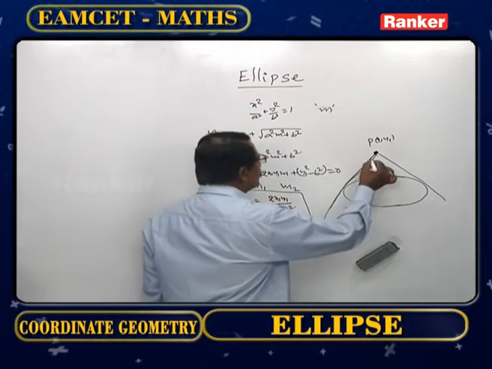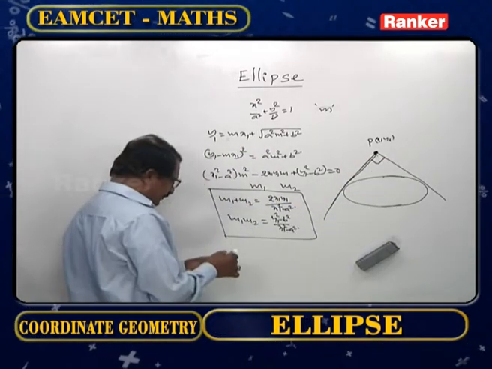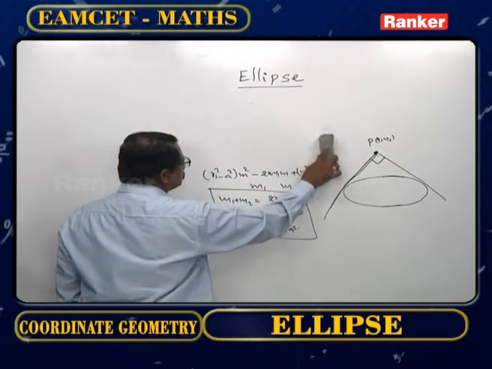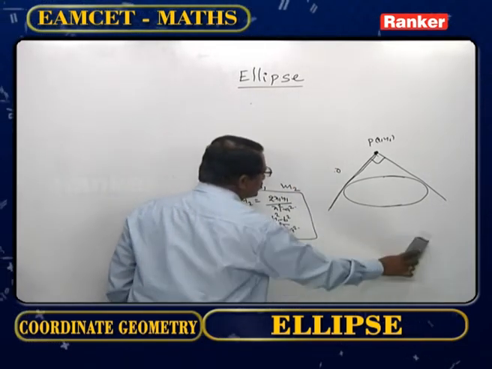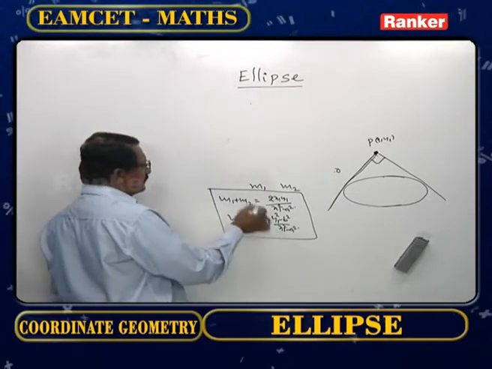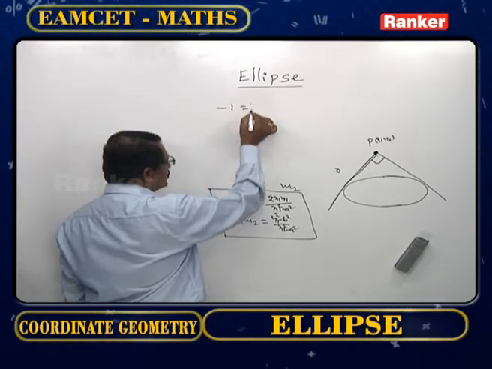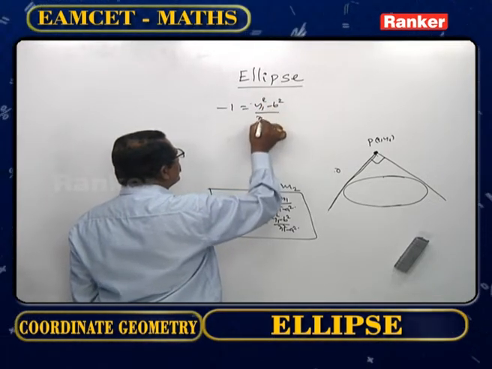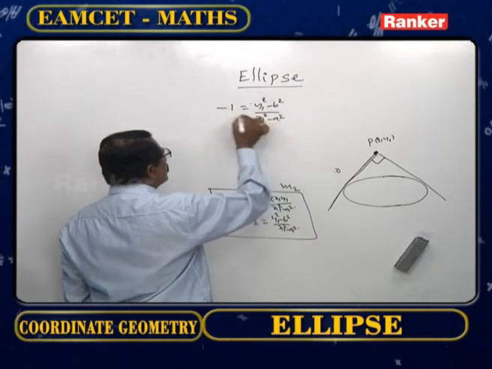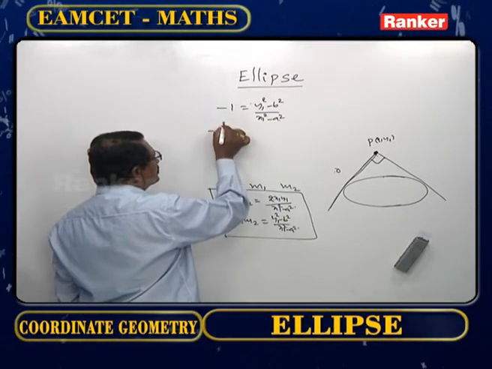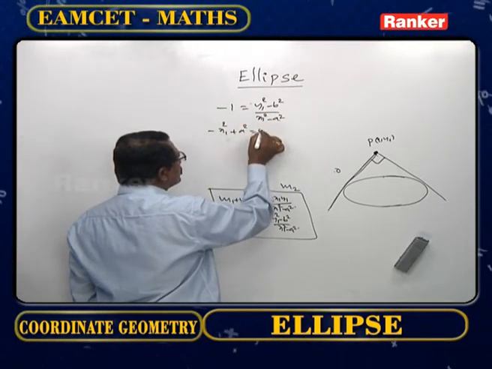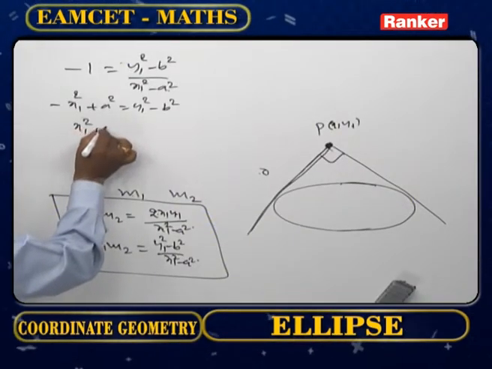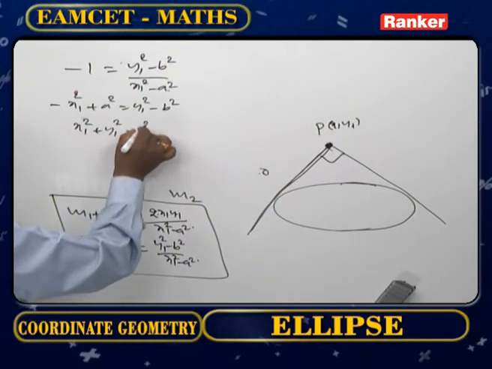If the angle between the pair of tangents is 90 degrees, then the product of slopes equals minus 1. Then minus 1 equals y1 square minus b square by x1 square minus a square. Now cross multiplication, minus x1 square plus a square equals y1 square minus b square, or x1 square plus y1 square equals a square plus b square.